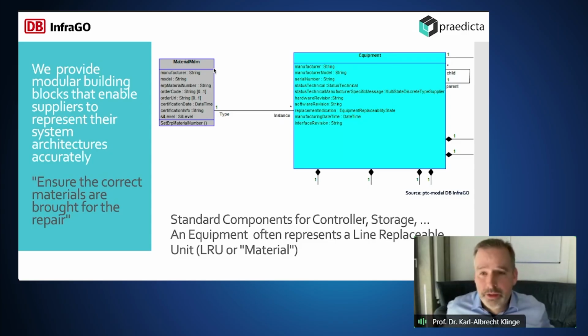And if you have the standard building blocks that can also be used in a hierarchy, that allows each manufacturer to describe his system architecture in a standardized way. So we are not standardizing the system architectures, we are just describing how they are described, so that we can read how the system architecture is built up.